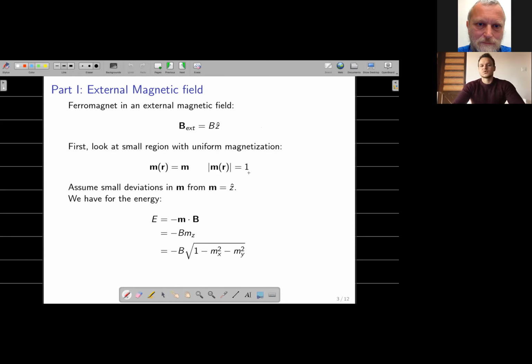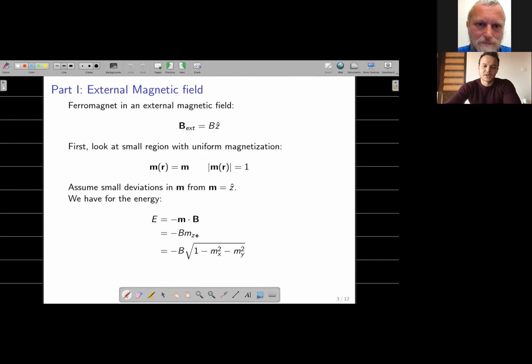Okay, so what we do is we assume that there are small deviations from this direction, in this case from the z direction, and we have to find the energy, which is written in the usual case. We have, of course, the magnetization times the magnetic field, and because it's along the z direction, we simply have the strength of the magnetic field along the z direction times the magnetization along z.